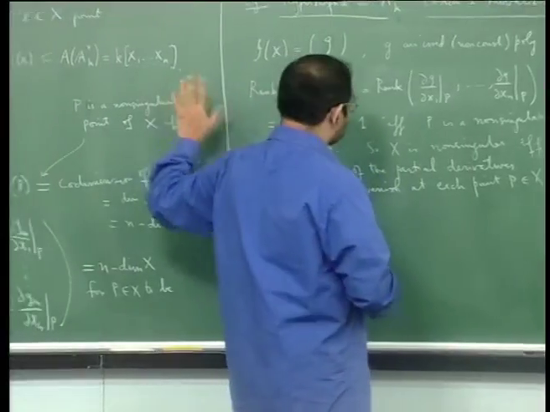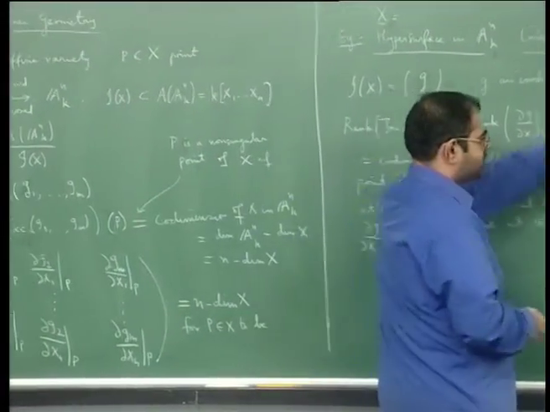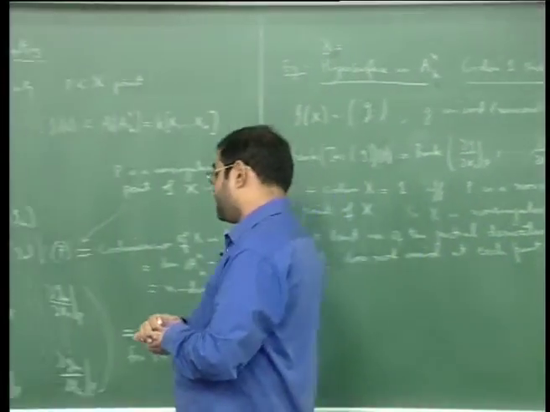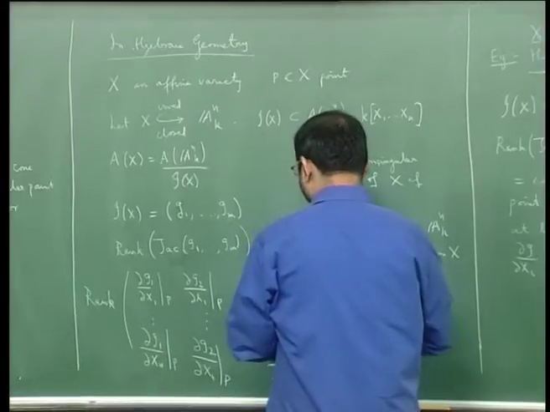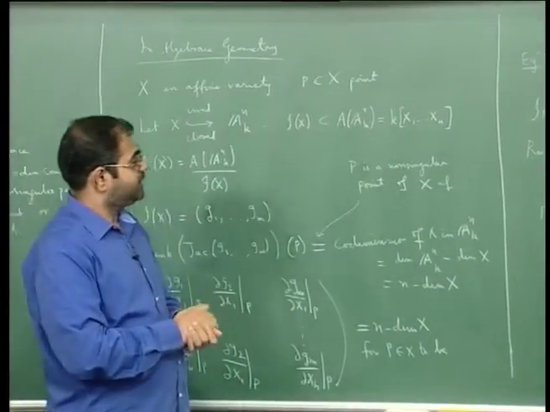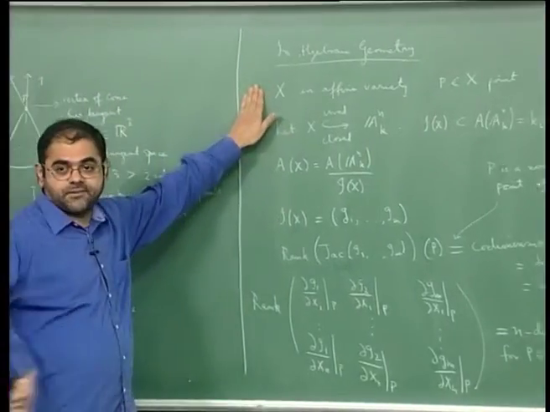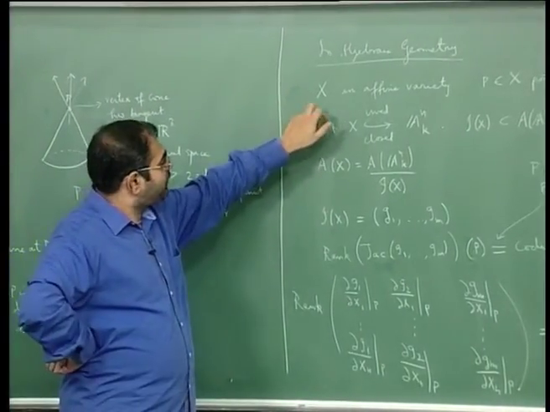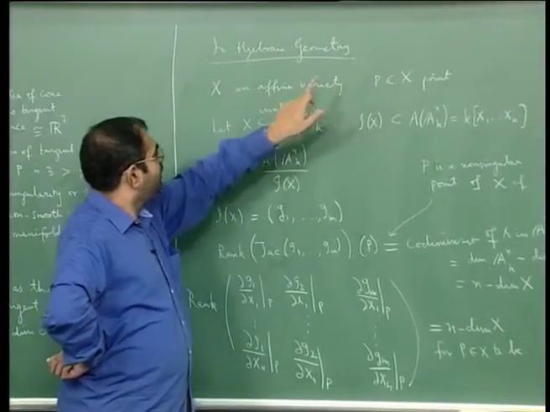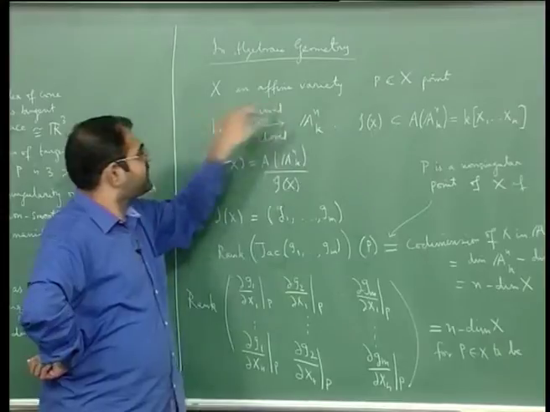So that way this definition is useful for computation, alright, but the problem with this definition is that there are two problems with it. The first problem is I only defined non-singularity for a point of an affine variety.